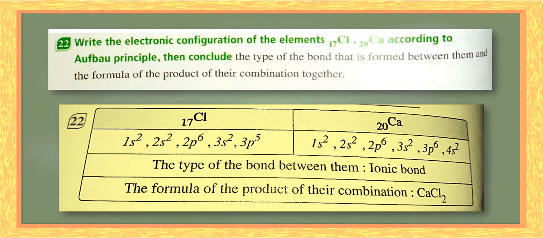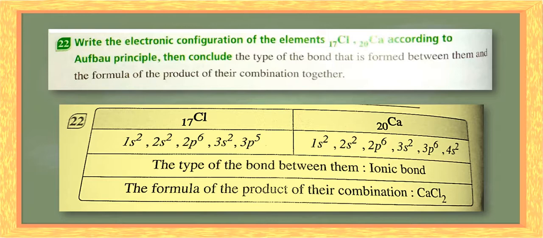For the type of bond between them, calcium is a metal and chlorine is a non-metal. Calcium loses two electrons and chlorine needs to gain one electron, so they will form an ionic bond.